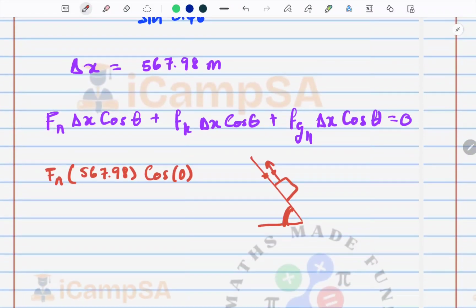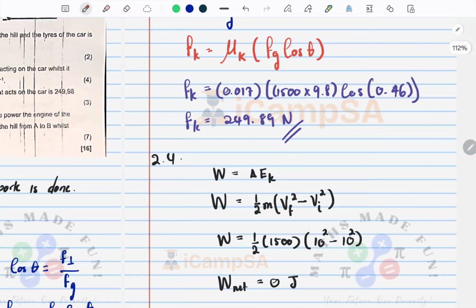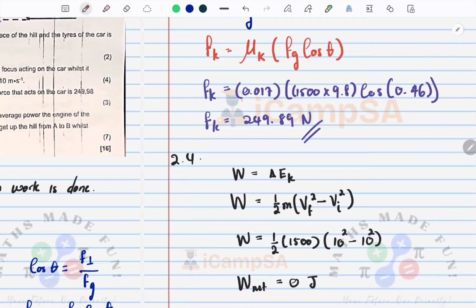Please keep note of that. So then we've got this 0 here, then plus your FK. We calculated our FK here as 249.89. You can use this one or the one they gave you already, but it's close, so it shouldn't be an issue.